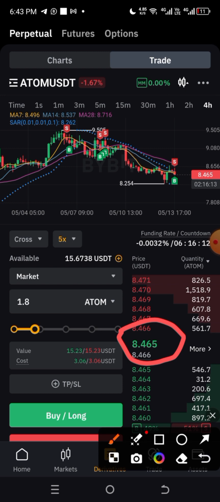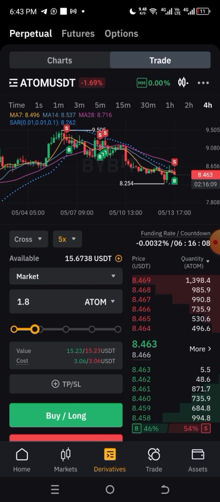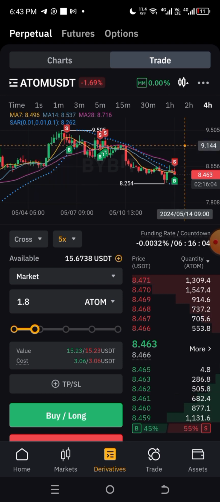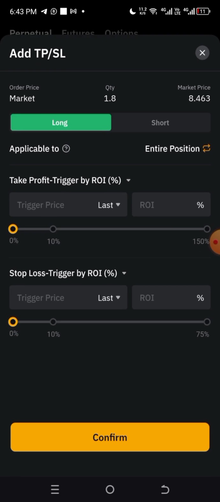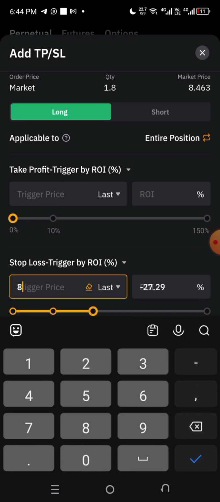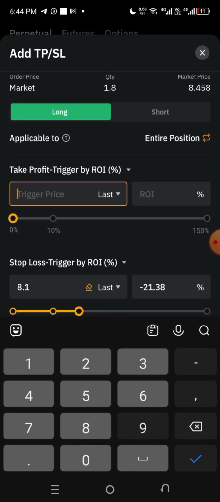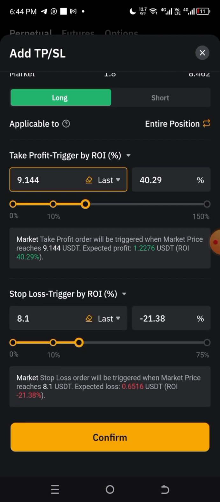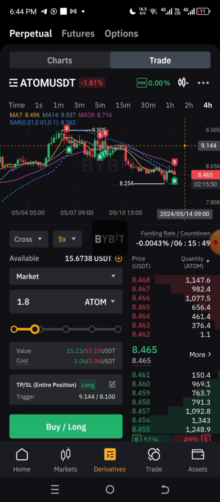So we want to leave the market if the market falls down to 8.1, and we want to take profit at 9.144. So I'm risking $0.65 to get $1.22. So I just click on buy.